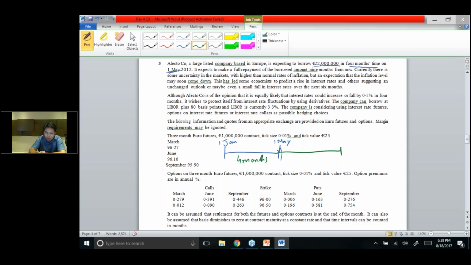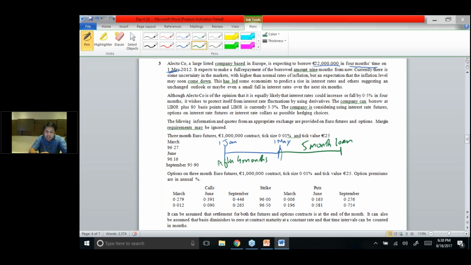After 4 months you will borrow, and you will repay all the loan after 5 months. So a 5-month loan after 4 months. It expects to make a full repayment of the borrowed amount 9 months from now.